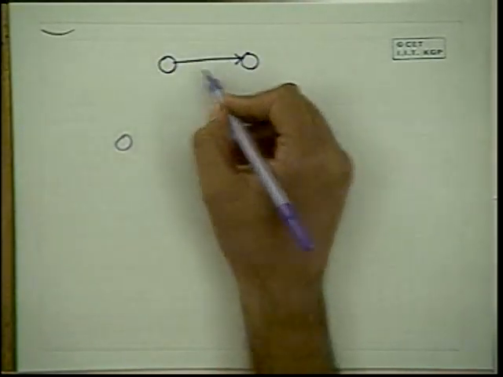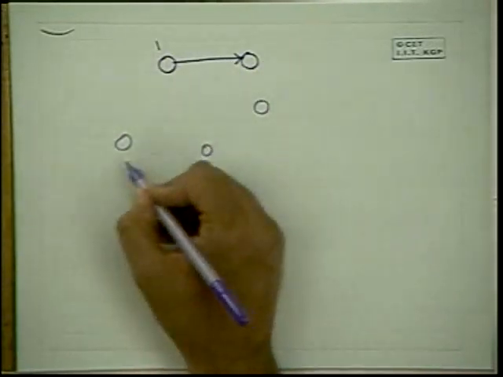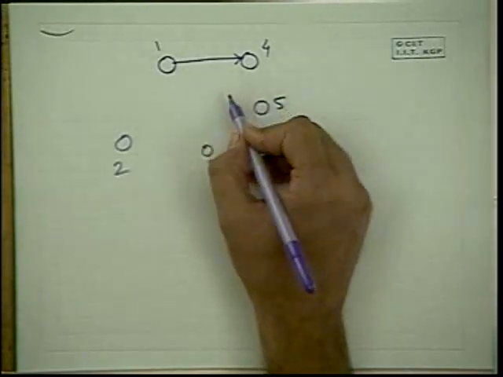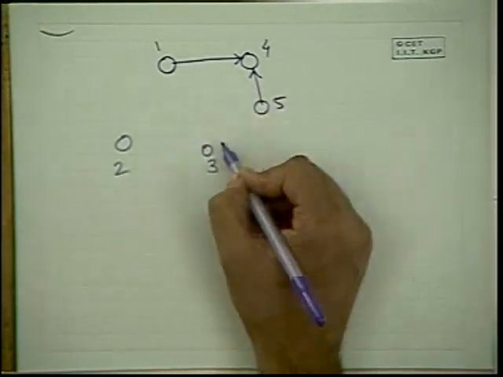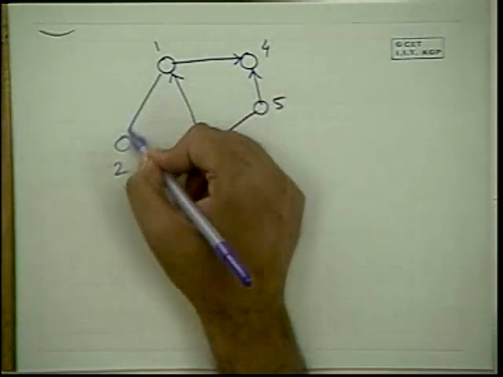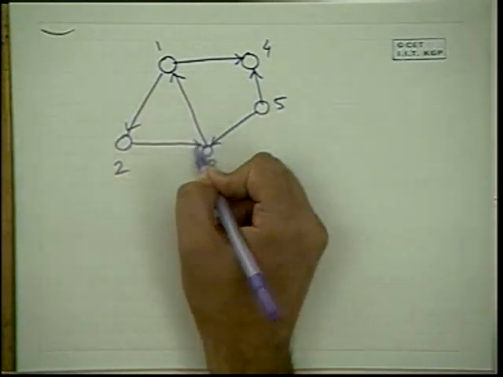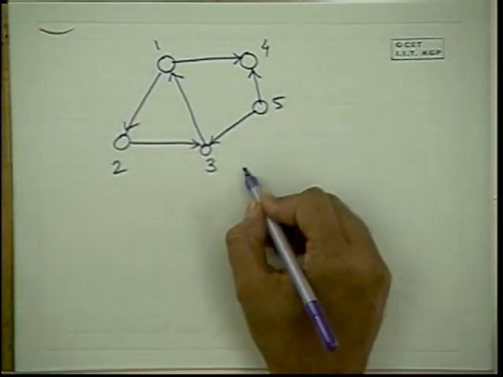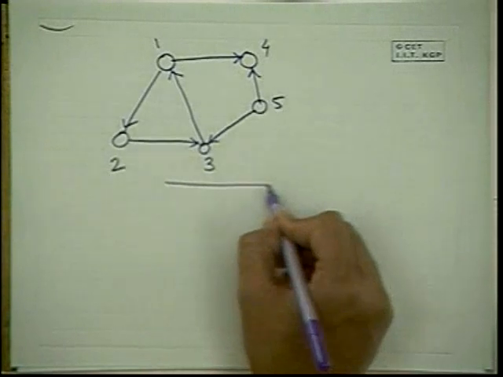So let me draw this graph again. I have vertices 1, 2, 3, 4, 5. Suppose this is the graph. We are trying to get a transitive closure. So first of all, let us see what is the D matrix for this graph.